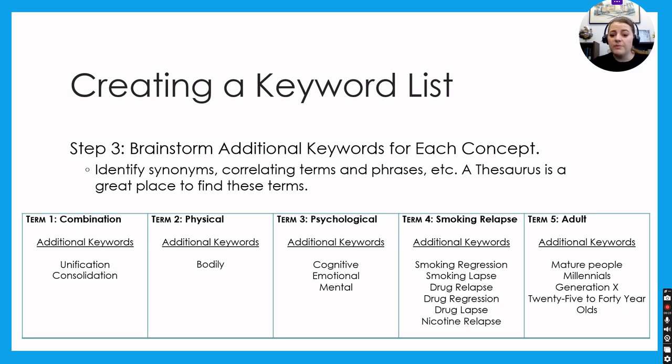For a smoking relapse, we have smoking regression, a smoking lapse, a drug relapse, a drug regression, a drug lapse, or even a nicotine relapse. And for adult, we can really look at this in a number of different ways. So we might have mature people, millennials, Generation X. We might even have something like 25 to 40-year-olds. So very specific but also broader, generalized topics, figuring out how else we can word these.